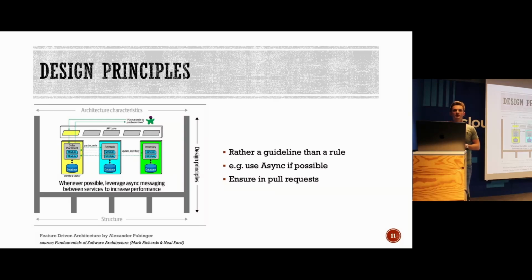And the last one are design principles. These are rather guidelines than rules. In this example, one can say use async if possible. I think it's hard to enforce that with tests.